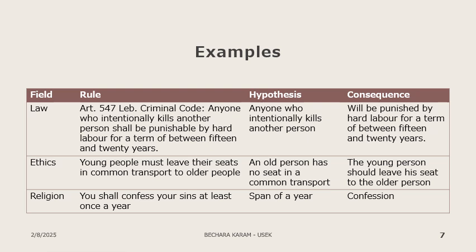So the hypothesis here, the condition of application, is that someone intentionally kills another person. What will happen if this hypothesis is concretized and becomes a concrete situation? The person will be punished by hard labor.